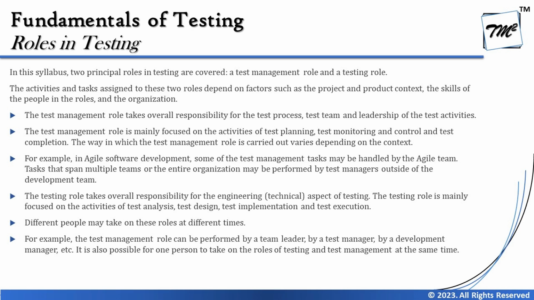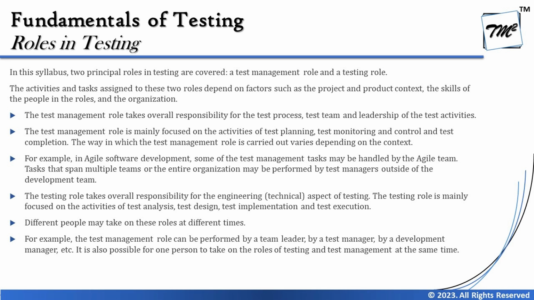However, when it comes to the activities and tasks assigned to these two roles, they depend on factors such as project and product context, the skills of the people in the roles, and the organization as well. For example, the test management role takes overall responsibility for the test process, the test team, and leadership of the test activities. The test management role is mainly focused on the activities of test planning, test monitoring and control, and test completion.